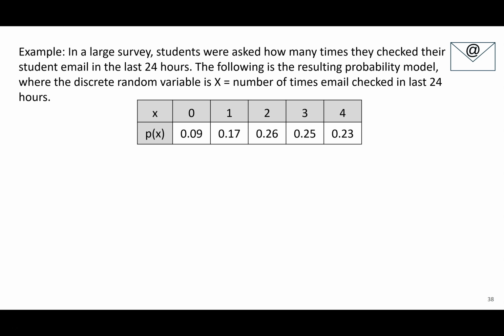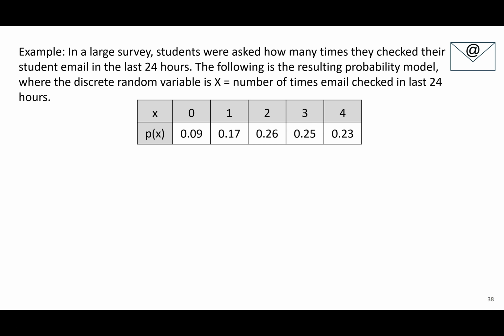Okay, so here's our example. It's about emails. There was a big survey. They took a bunch of students and said, look on your student email account. How many times did you check your email? Which does require us to recall accurately. But how many times did you check your student email in the last 24 hours?